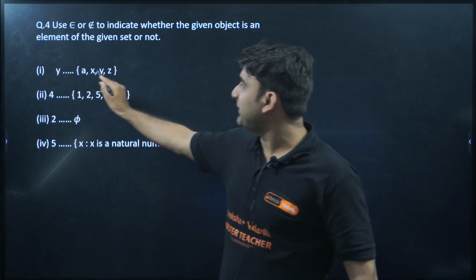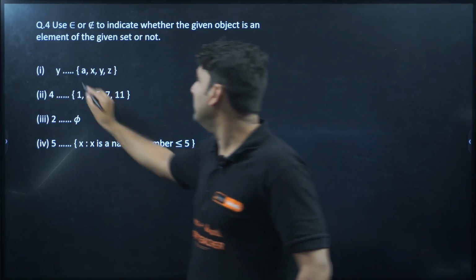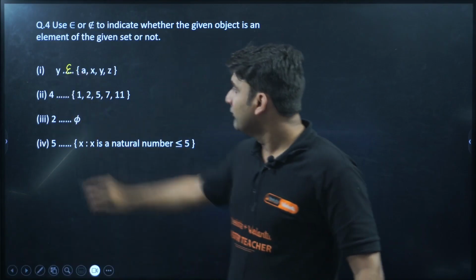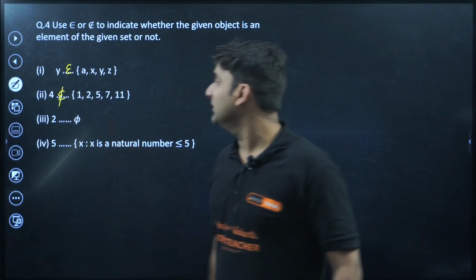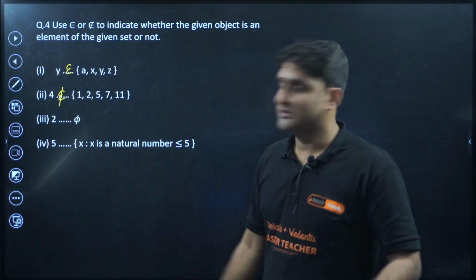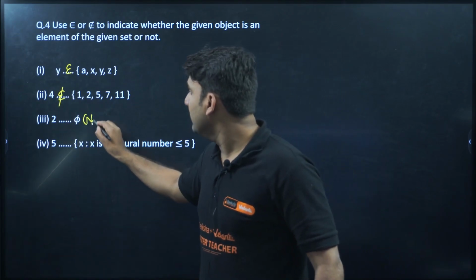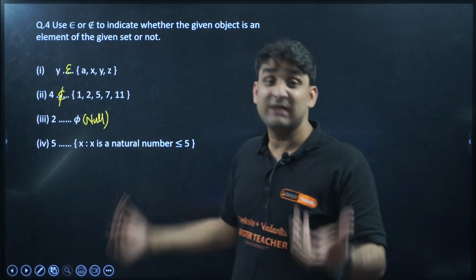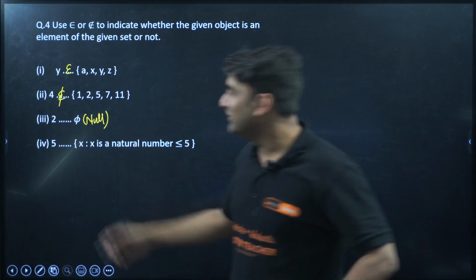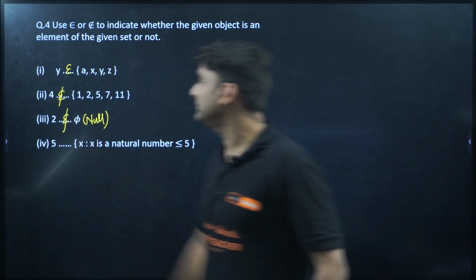Y is present in this given set, so Y belongs to. 4 is not present in this given set, so 4 not belongs to. 2 and the null set: null means nothing, but 2 is something, so it never belongs to this category.